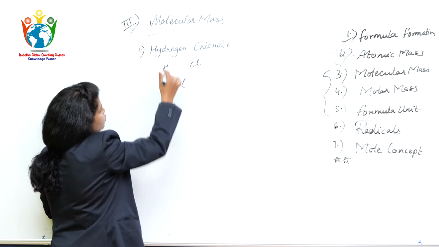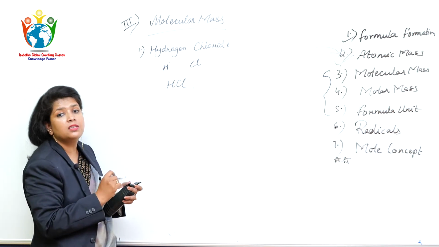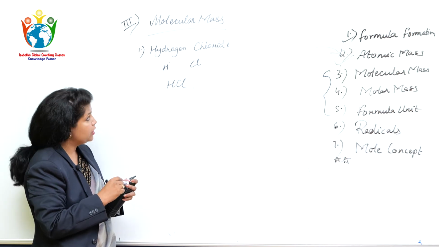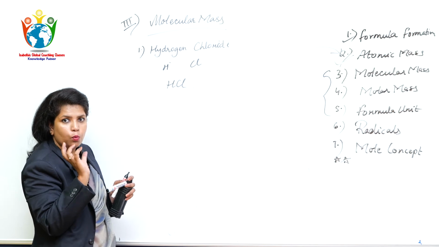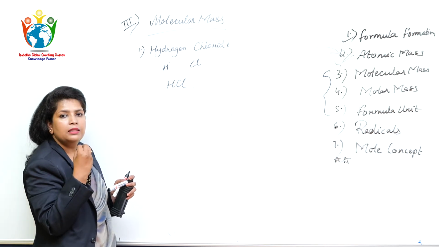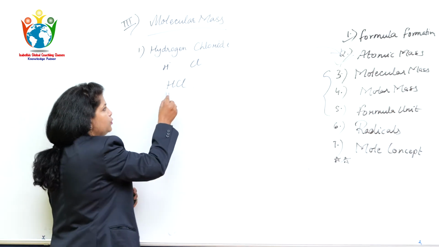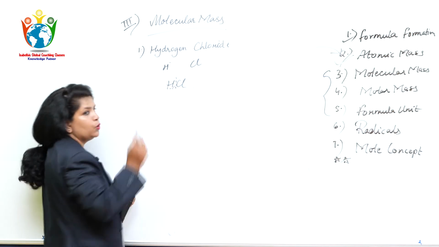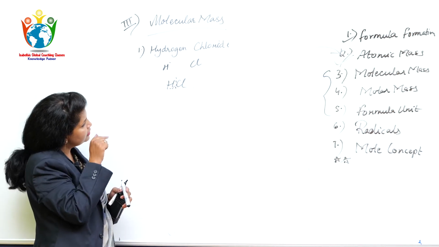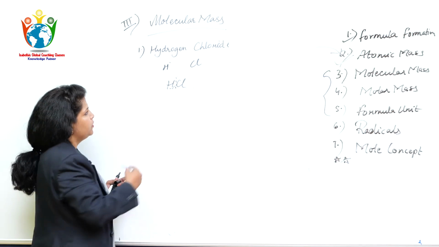Now when I am doing molecular mass, identify what elements are given to you, because if you can't identify what elements a compound contains, that means you have not understood anything. Here you can see hydrogen is given, chlorine is given. I made a very nice division in order to make you understand.